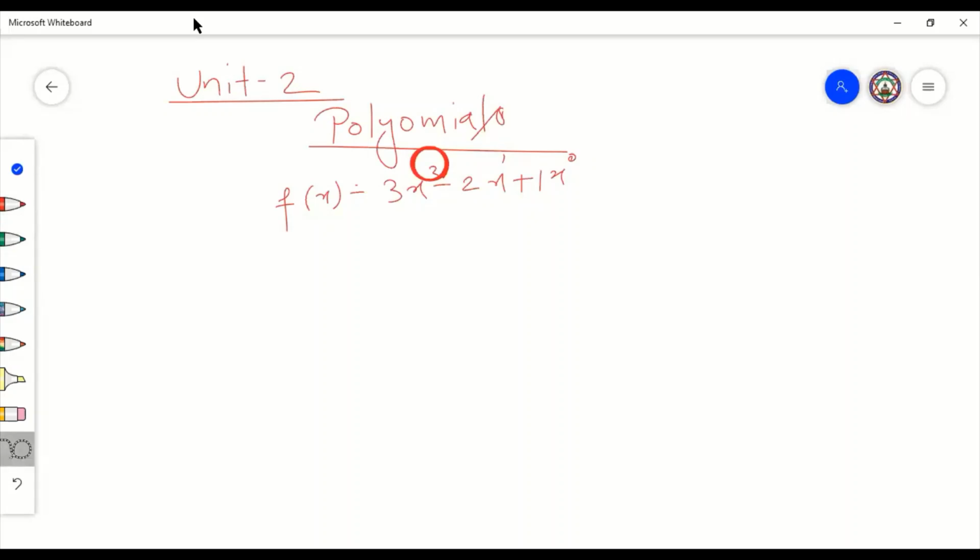Now, the remainder theorem and the factor theorem.